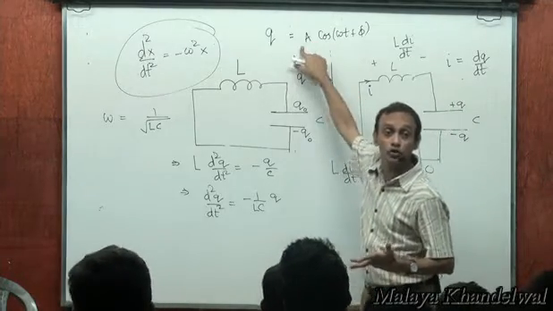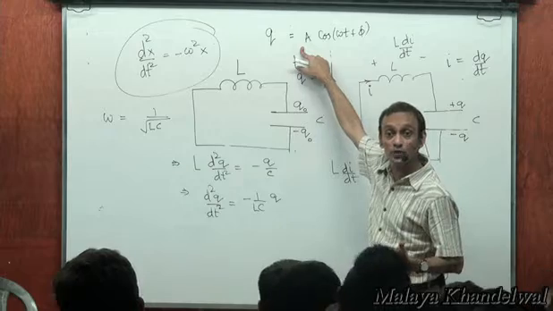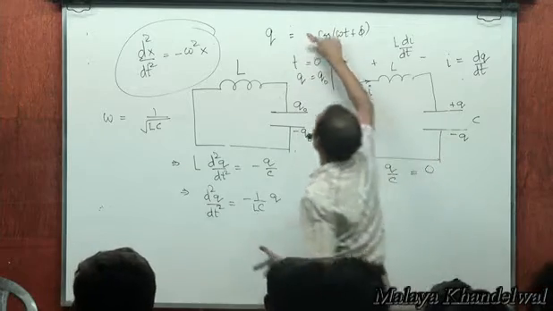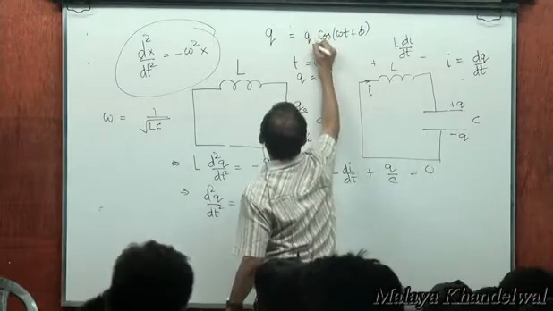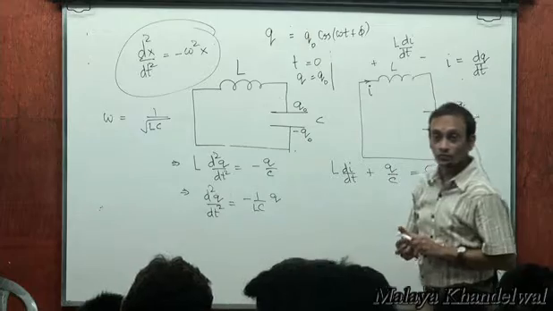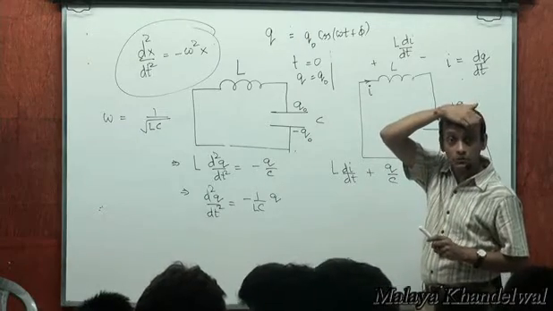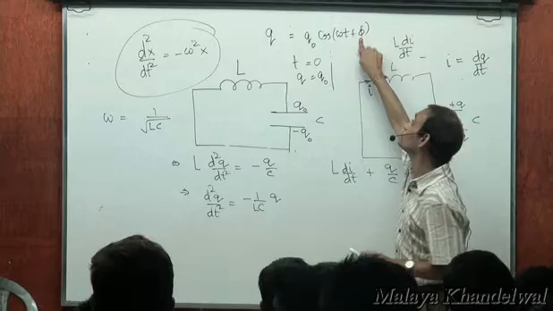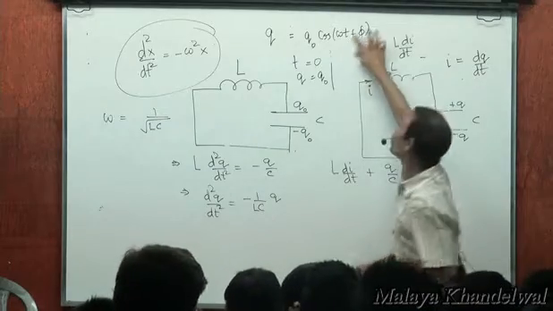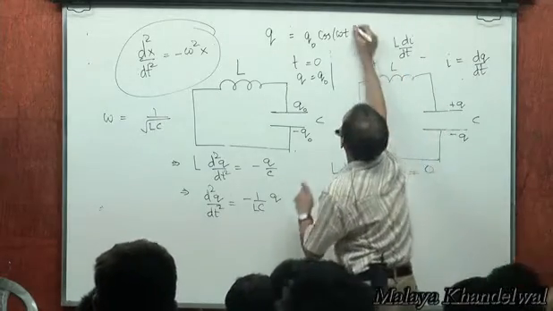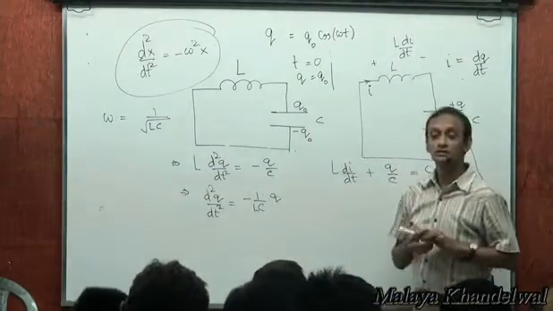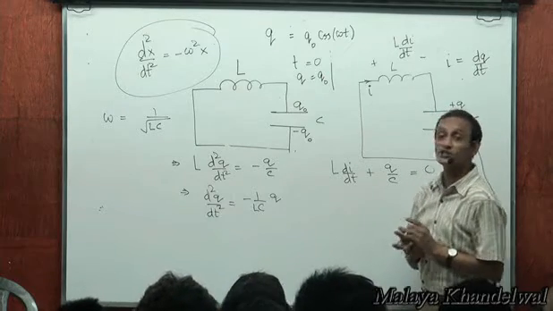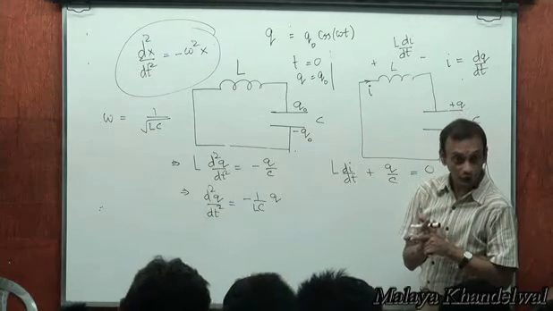The maximum q possible is q naught, so this must be q naught. And phi must be 0, because at t equal to 0, q is q naught. So charge varies with time as q naught cos omega t.